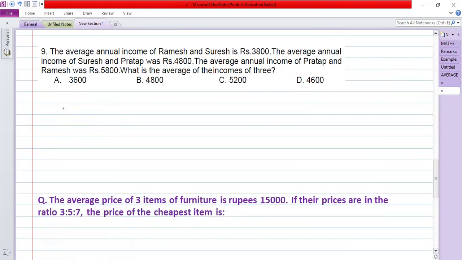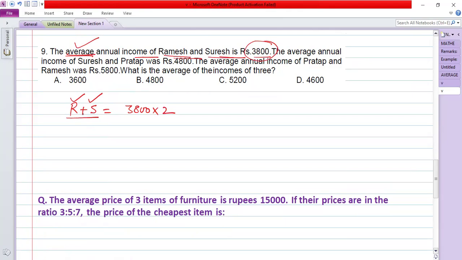So here, the average annual income of Ramesh and Suresh is 3,800. So the total combined income of Ramesh and Suresh will be 3,800 into 2, because this 3,800 is the average income of Ramesh and Suresh.